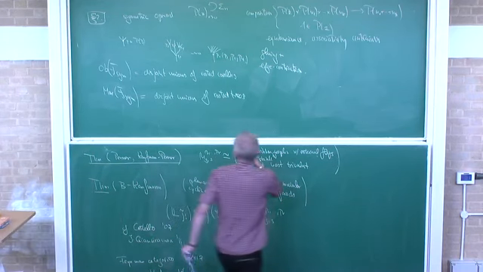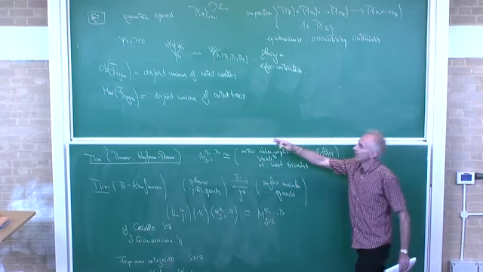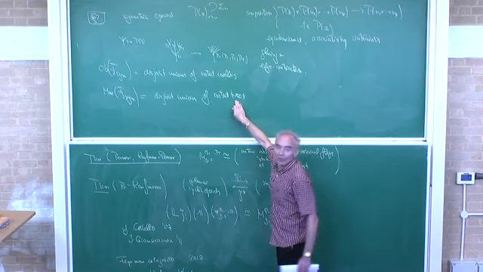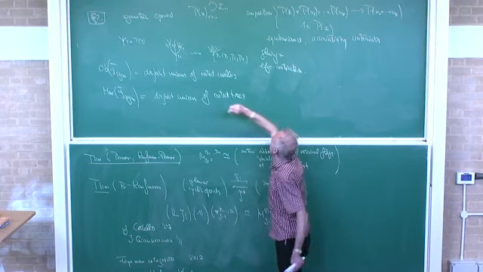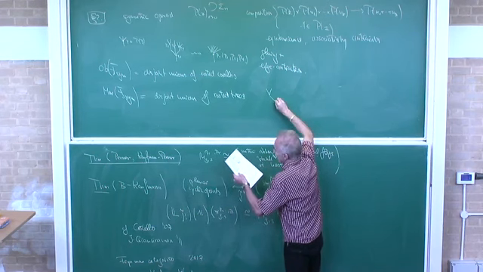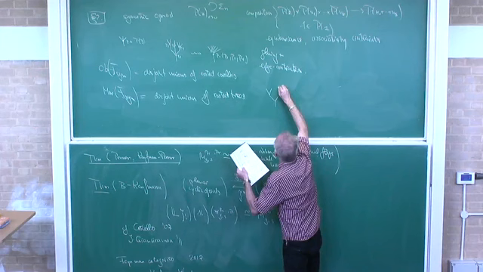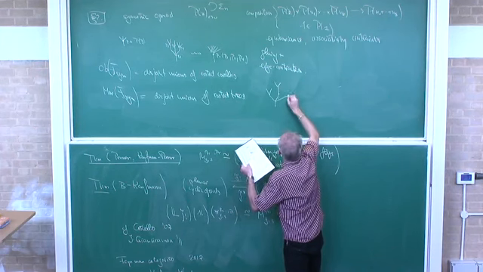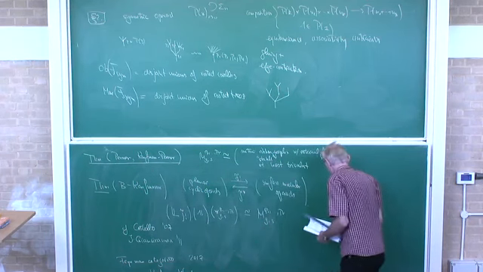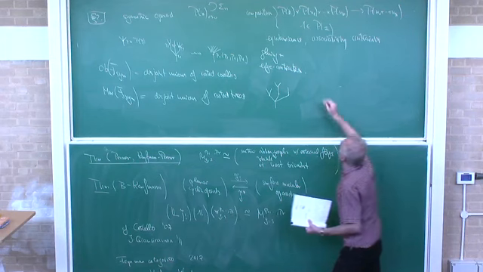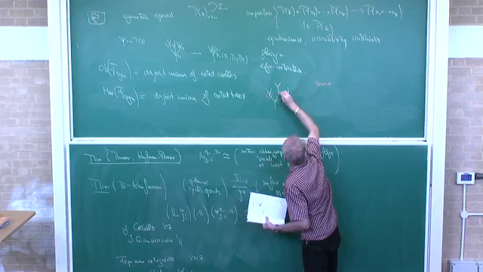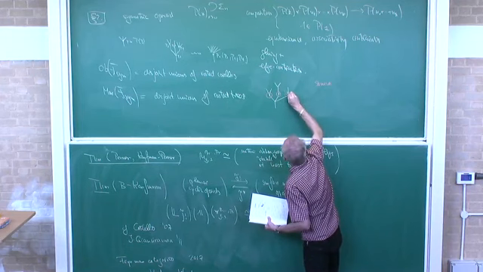So what are the source and target of a disjoint union of rooted trees? I can do it for a single rooted tree, something like this. The source is given by the corollas which correspond to the vertices.